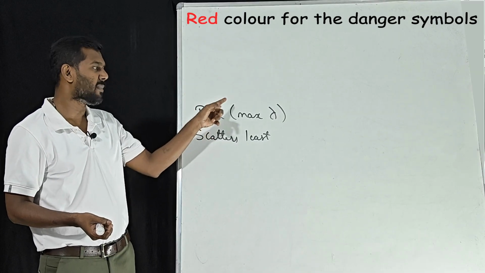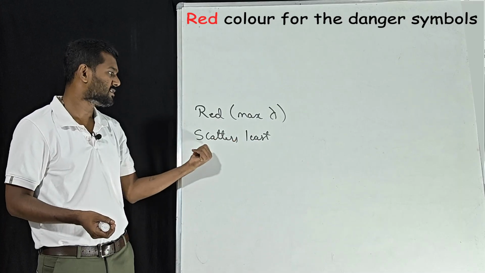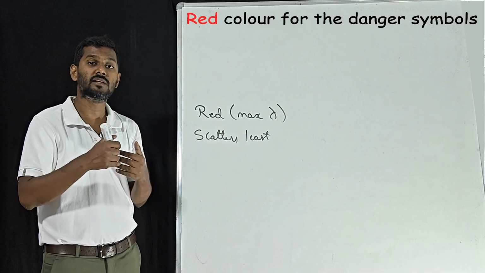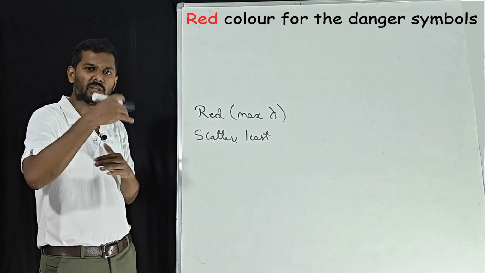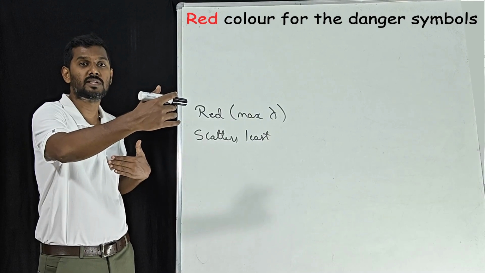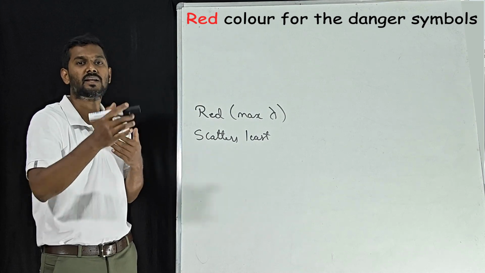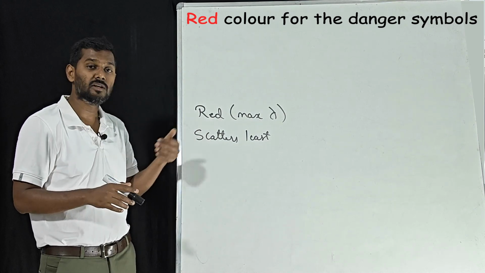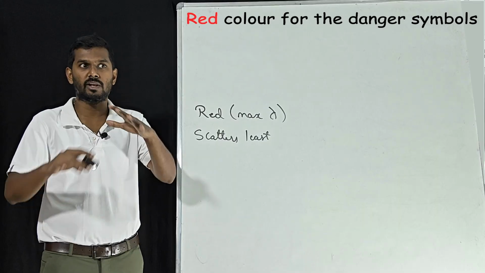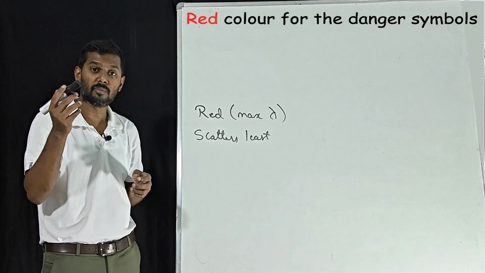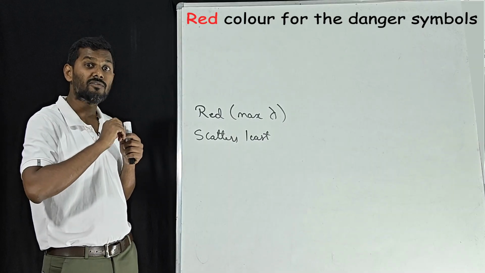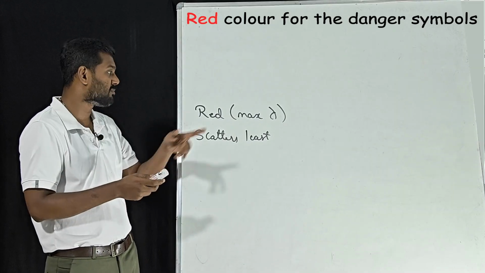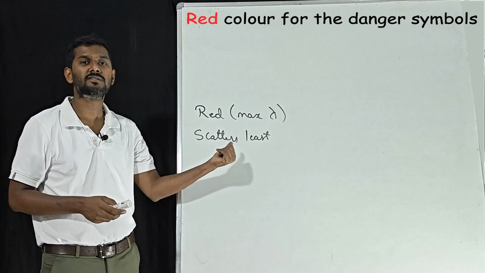Because it has maximum wavelength, it scatters least, and it can travel far. If you write this much, that is enough. If you want to extend it, it can travel a longer distance with least scattering, so that it can pass through fog also. When there is fog, mainly we use red color lasers, because red lasers can travel through the fog since red has maximum wavelength and scatters least.